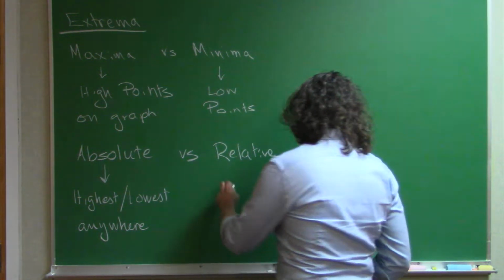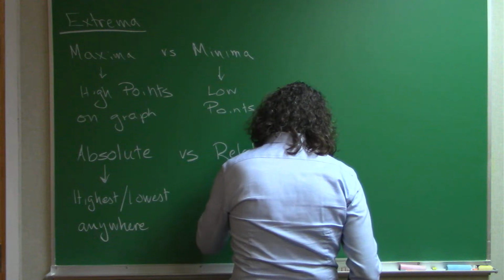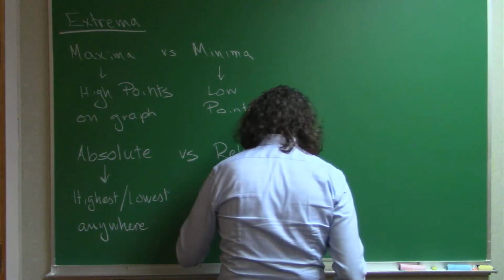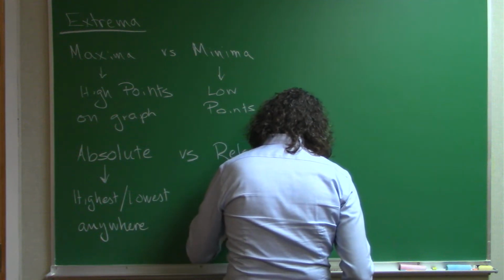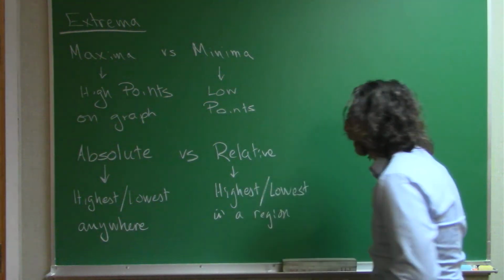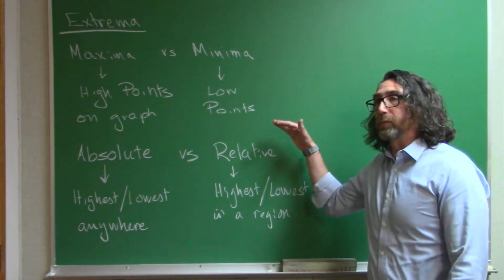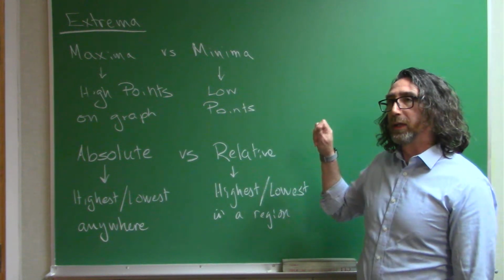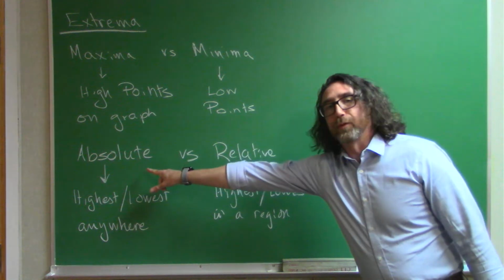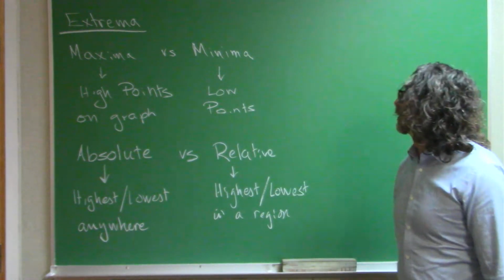Whereas relative is the highest or lowest points in a region of the graph. So the graph may get higher someplace else if we're talking about a relative max. But if you're talking about an absolute maxima, then the graph never gets higher than that.